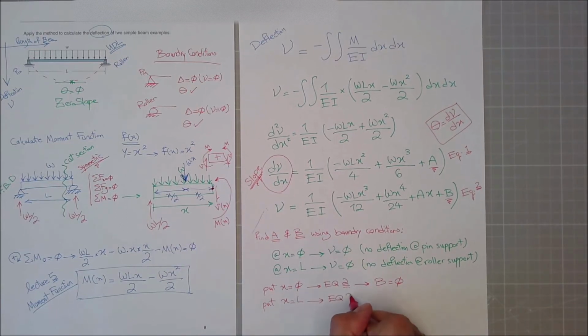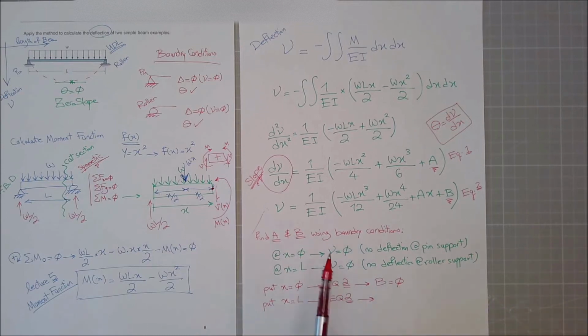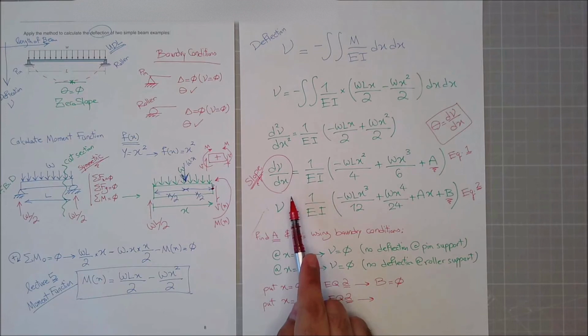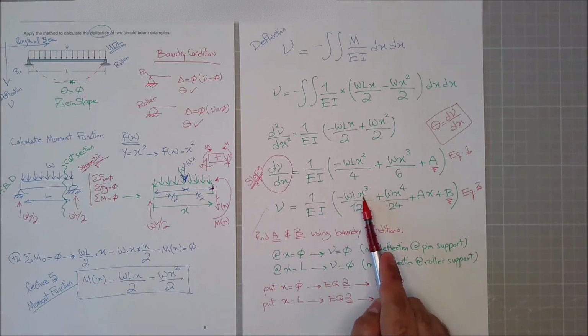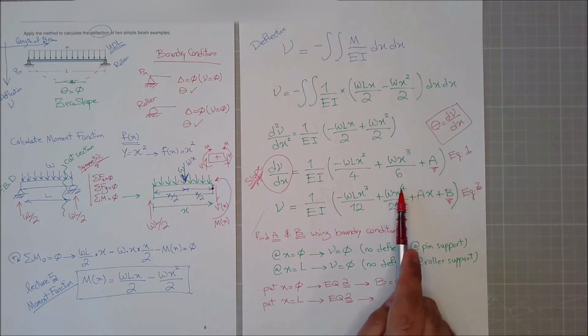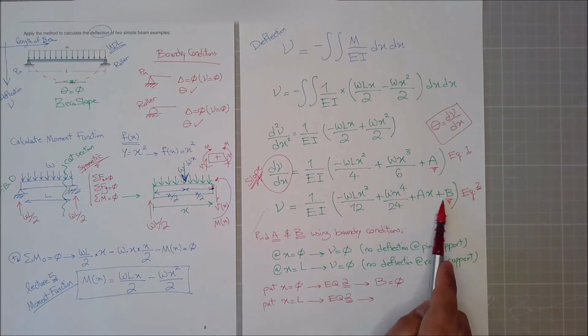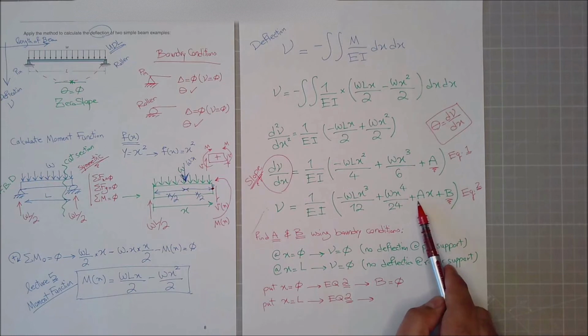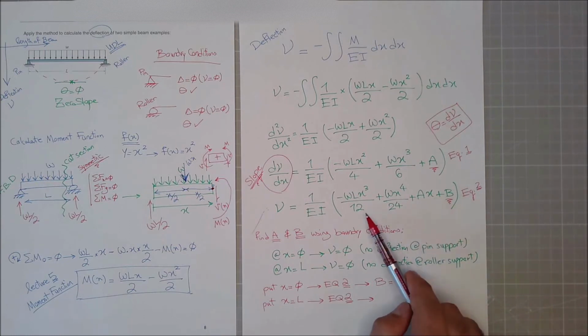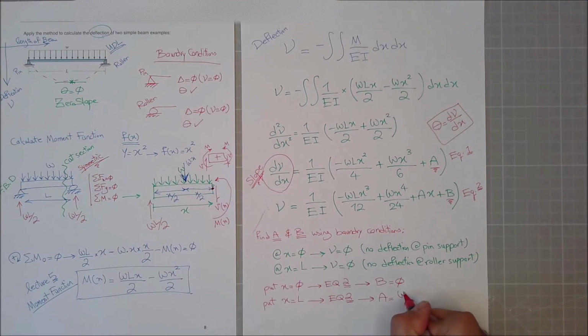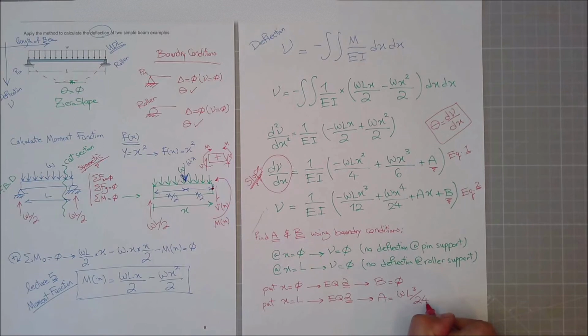Let's put x equal to L again in equation 2. I know the entire deflection will be 0. Instead of every x, I put L. So this will be L to the power of 4, this will be L to the power of 4, this will be 0, I have already calculated it, and this will be AL. If I simplify it and solve it, trust me, A will be WL to the power of 3 divided by 24.